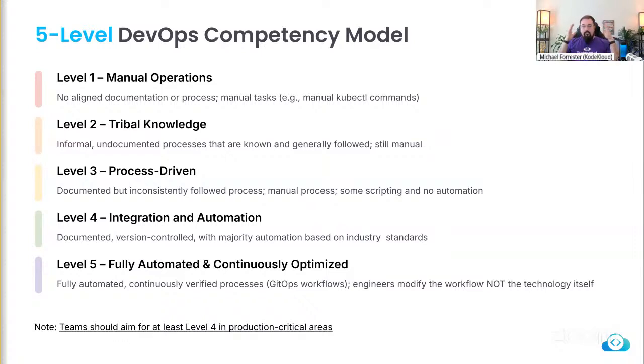So your brains may be completely blown at this point in time because you're like, Michael, you just showed us 24 verbs that could be skills that we could acquire. You just went through things like provisioning and configuration and monitoring and logging and tracing. And now you're saying that within each of those 25 verbs, there's levels of competency.